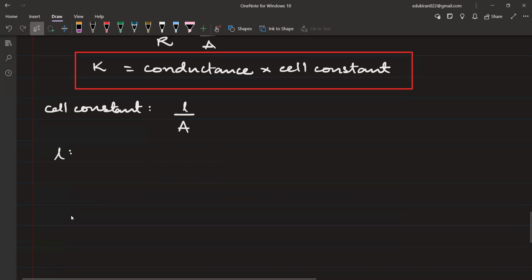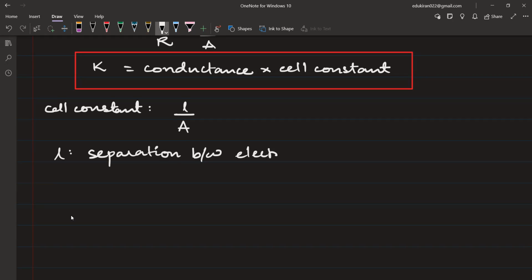What is L? In the case of an electrolytic cell, L is the separation between electrodes, and the area is the cross-sectional area of the electrode.